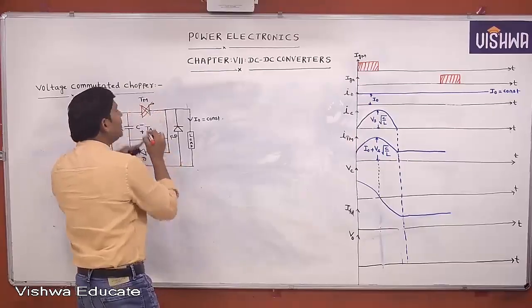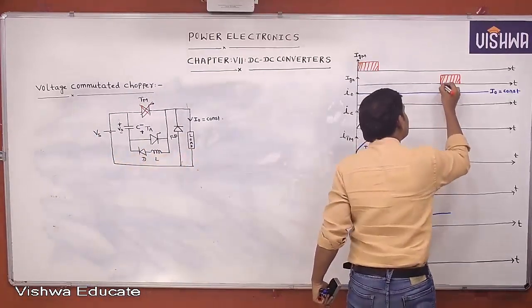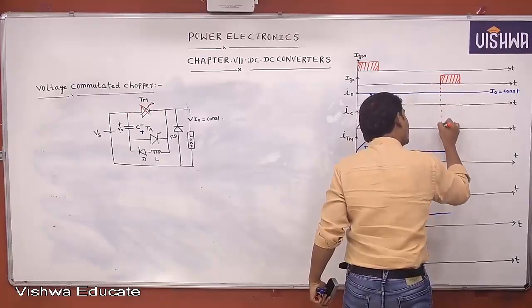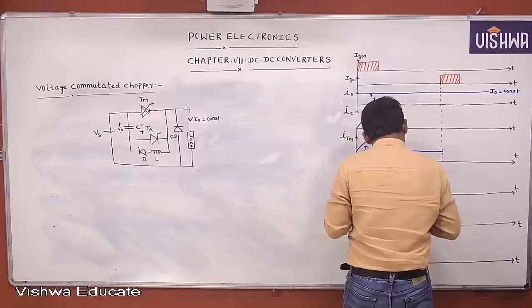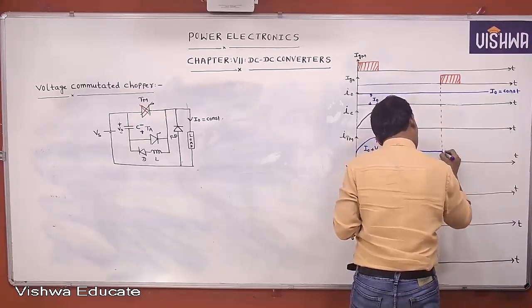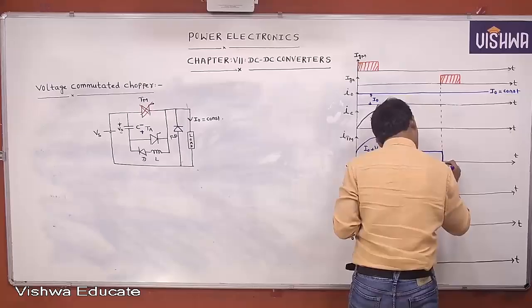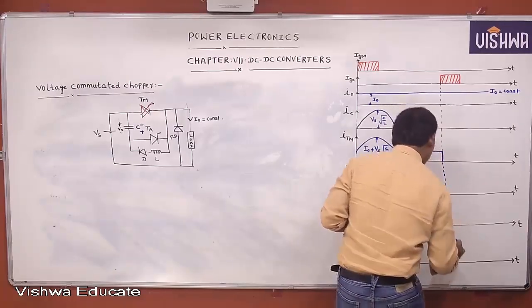Then the main thyristor will be turned off. When the main thyristor is turned off, what is the current through the main thyristor? This falls to 0. The main thyristor current is 0.